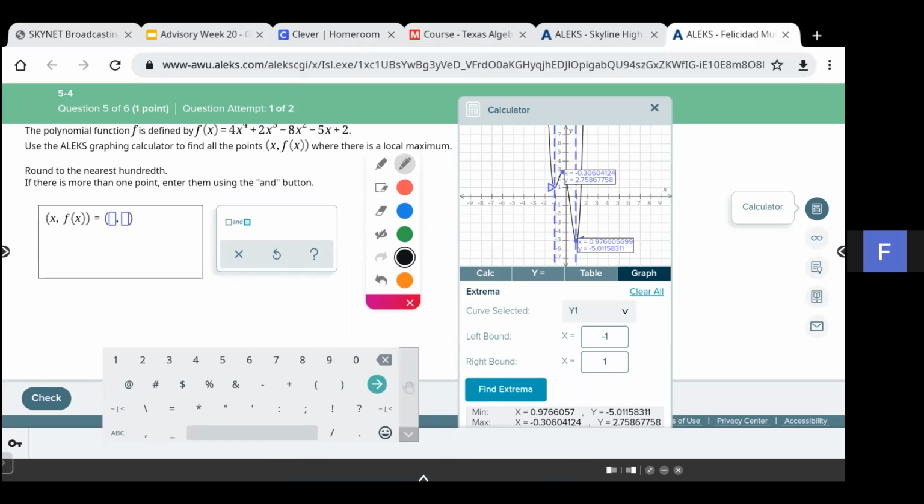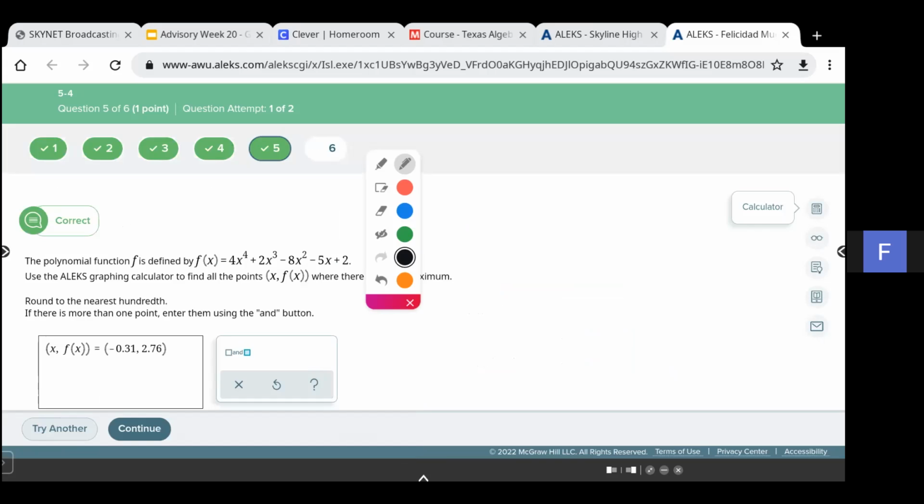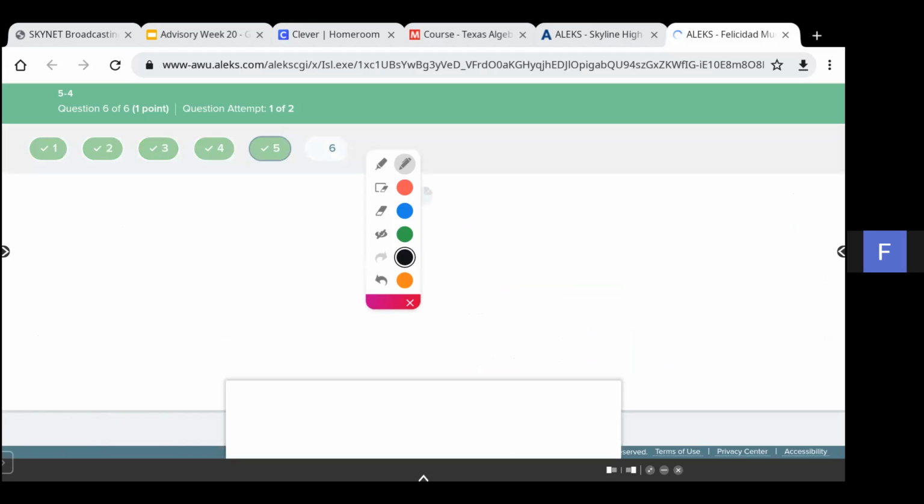So we said -0.31, comma, oh, there you have the comma in for me. 2.76. Hit check. Yay. So now we'll go ahead and move on to our last question.